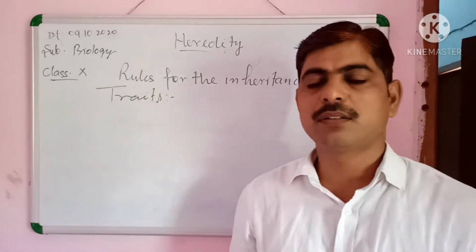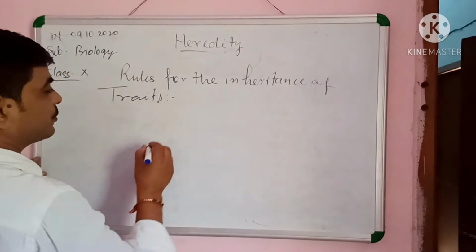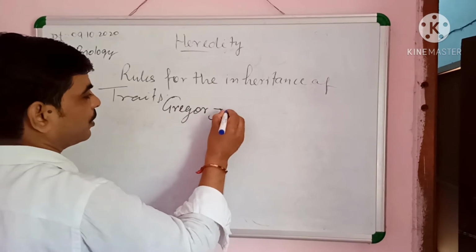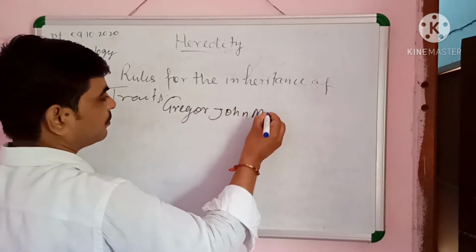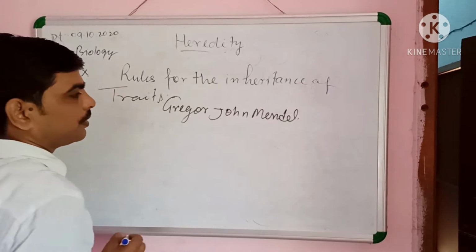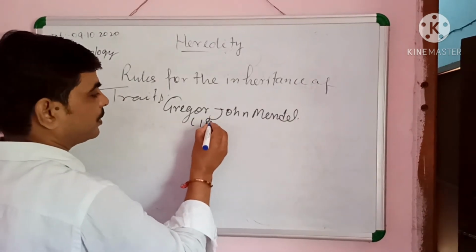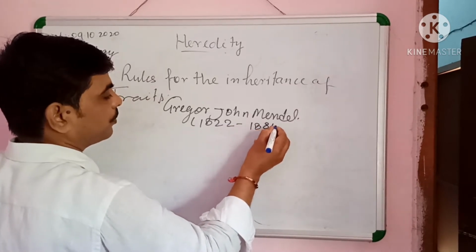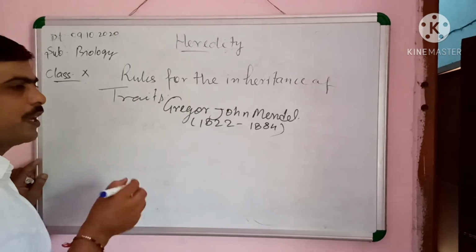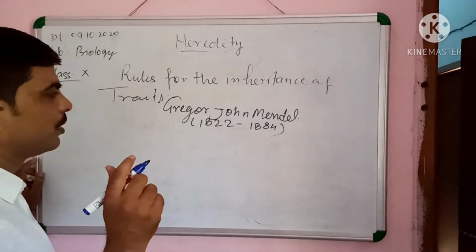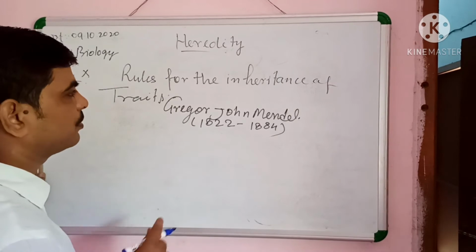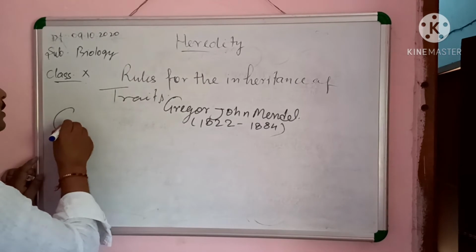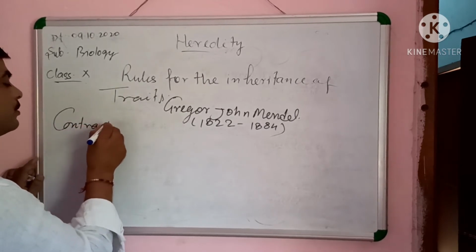Gregor John Mendel was a scientist. Lifespan is 1822 to 1884. He worked more than a century ago on this basic rule of inheritance, and he focused on contrasting characters.